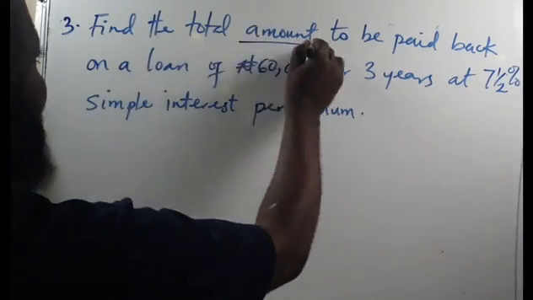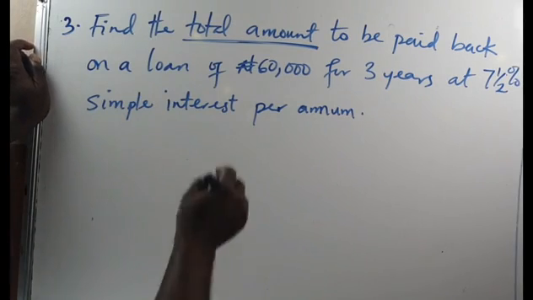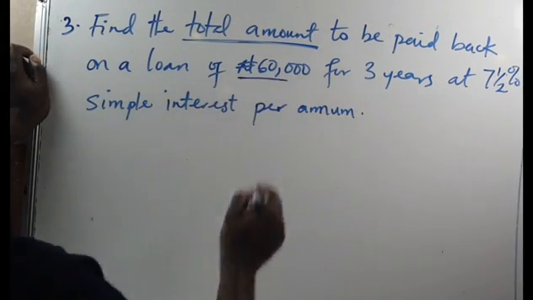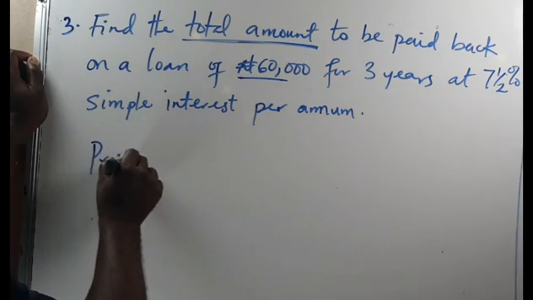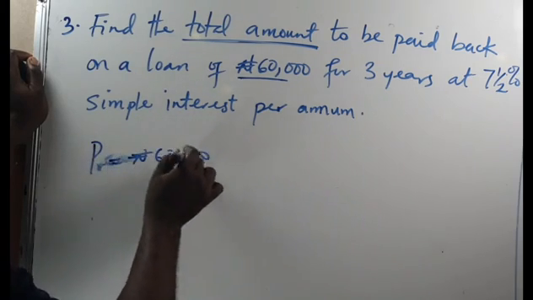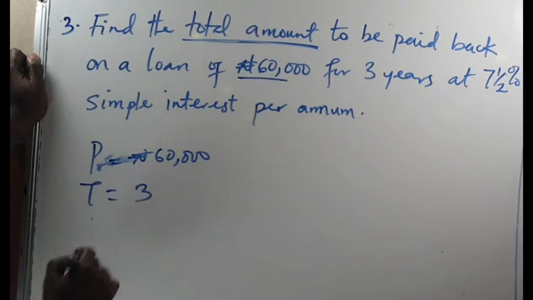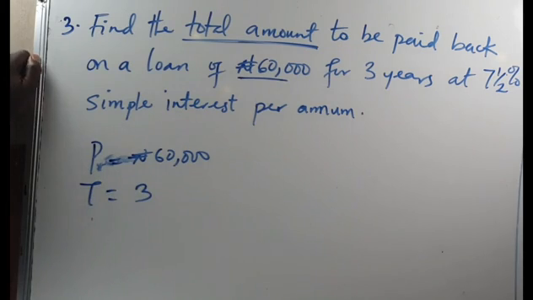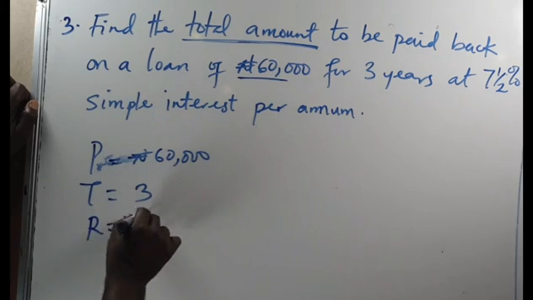All right, this is another question, and this question is on simple interest. The question asks us to find the total amount, and we're given a principal of 60,000 naira. That is our P. The time is 3 years, and the rate is 7.5%.